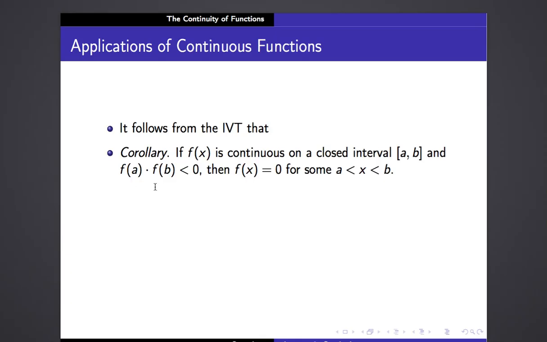In this case, f of x equals 0 for some x between a and b. This is actually just a special case of the previous intermediate value theorem, which can also be easily understood if you draw a picture. So let us visualize what's going on.